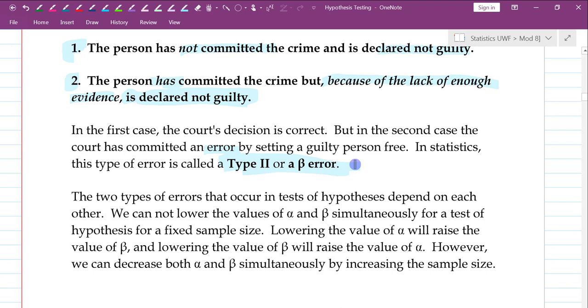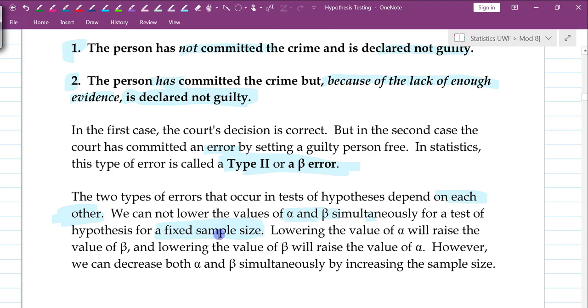The two types of errors that occur in a test of hypothesis depend on each other. They're not independent. We cannot lower the value of alpha and beta simultaneously for a test of hypothesis for a fixed sample size. So we have a fixed sample size.